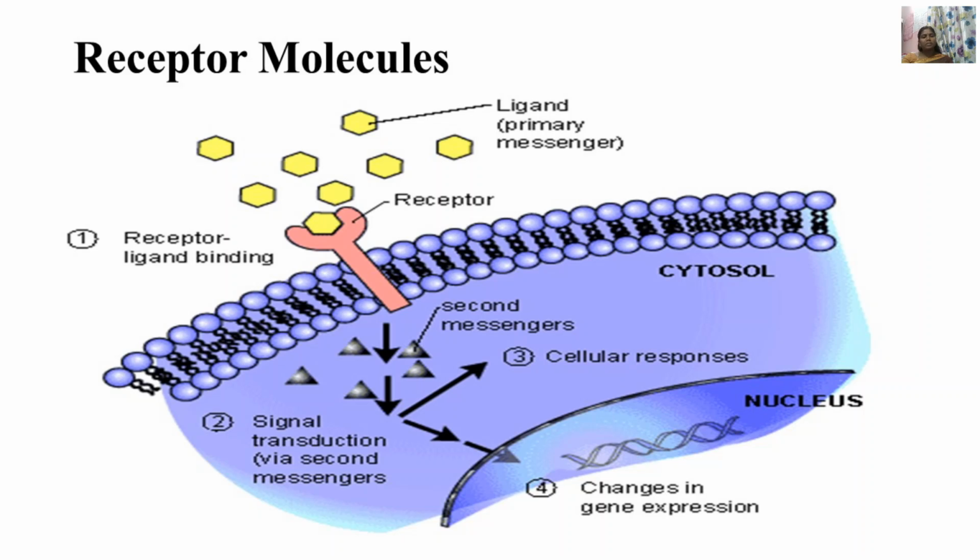Second messengers may be calcium ions or cyclic AMP molecules. The signal transduction takes place through these second messenger molecules, and that leads to the cellular response. The cellular response may be in the form of gene expression or replication.